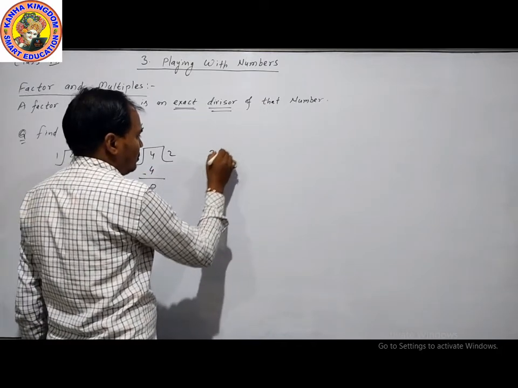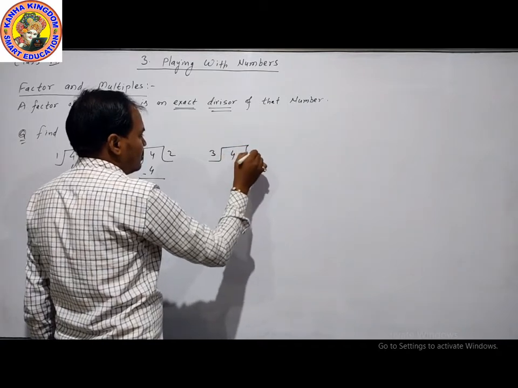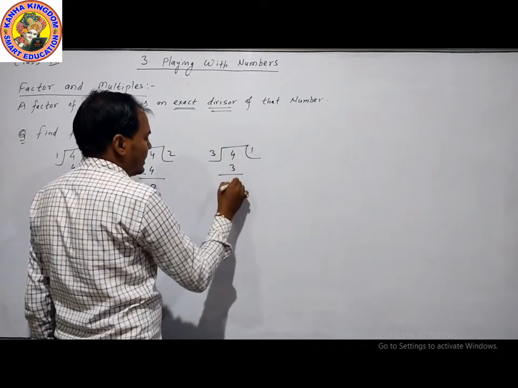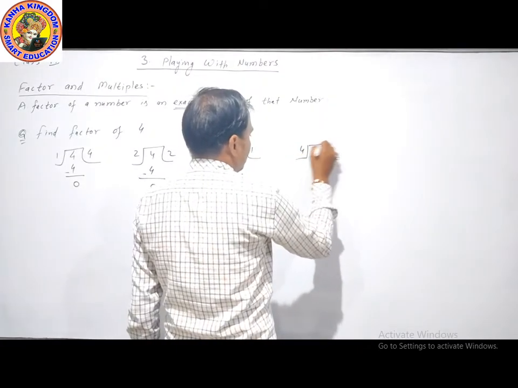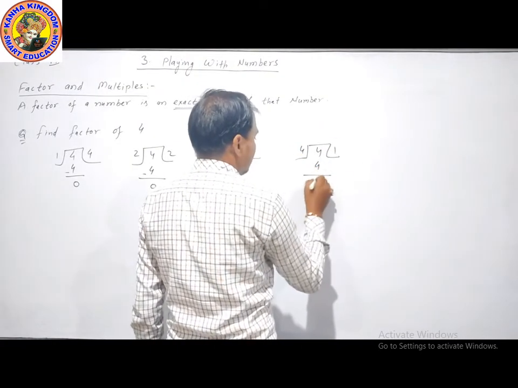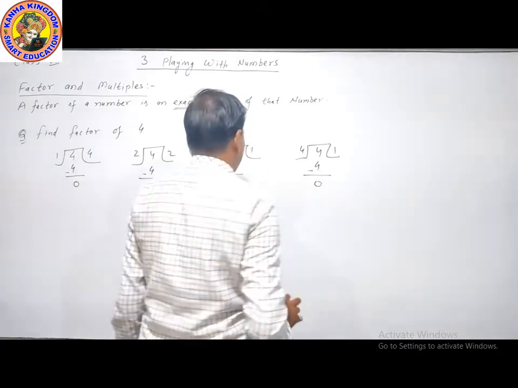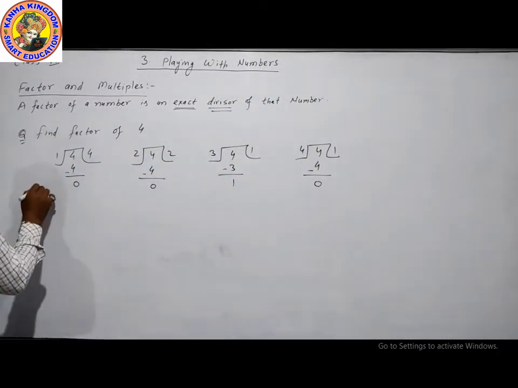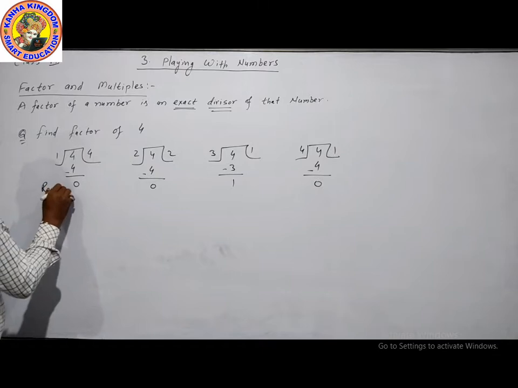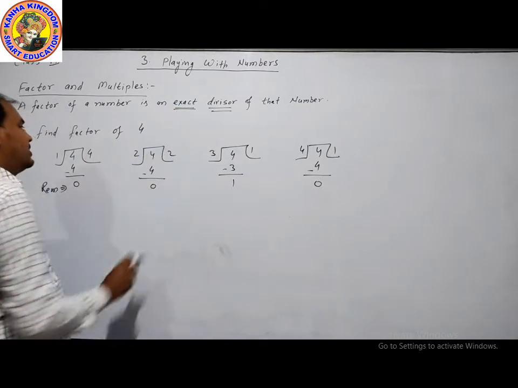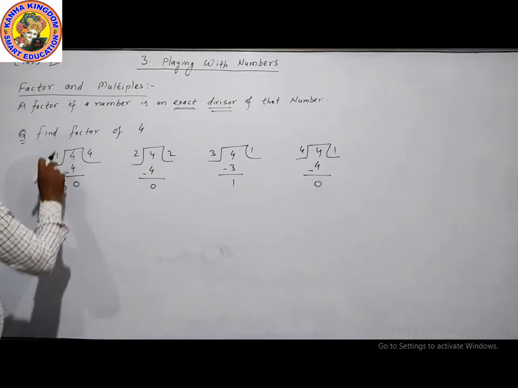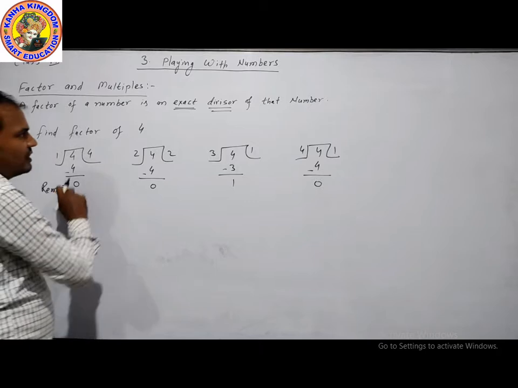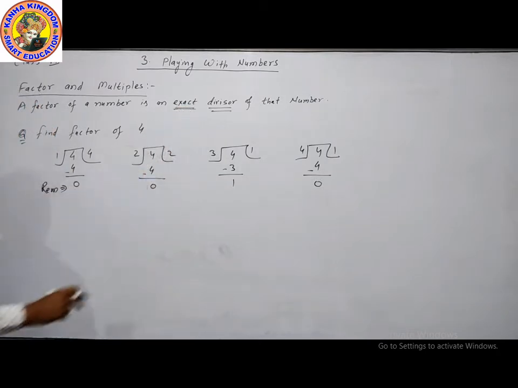Now divide by 3. 1 times 3, remainder is 1. Divide by 4: 1 times 4, remainder is 0. When we divide any number by any number and the remainder is 0, it is called an exact divisor.